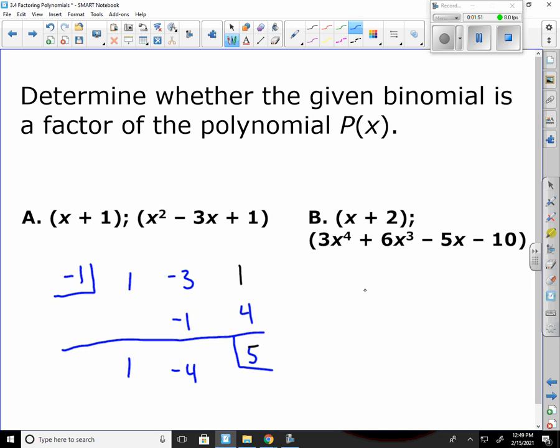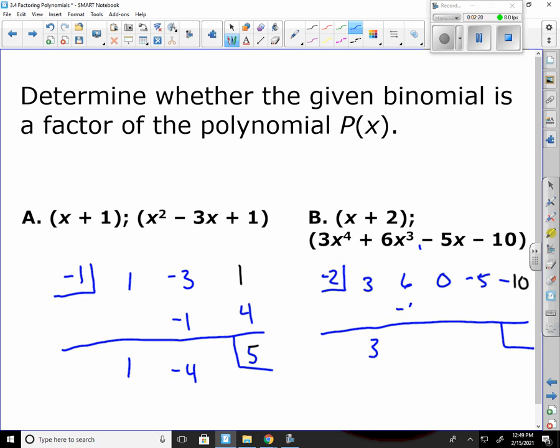I can do the same thing here. Start with the -2, and it's 3, 6, 0, because I don't have an x squared, -5, -10. Bring down my 3, -2 times 3 gives me -6.